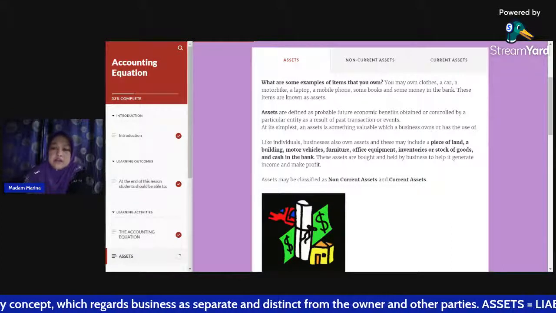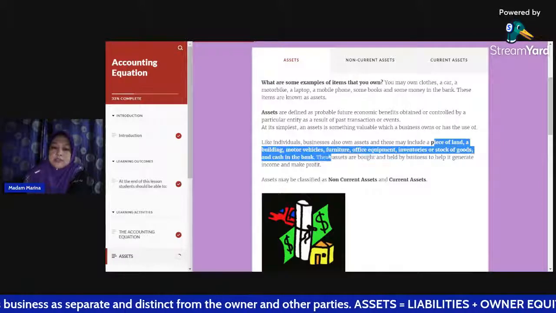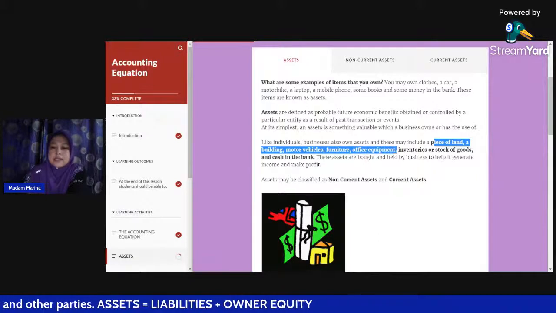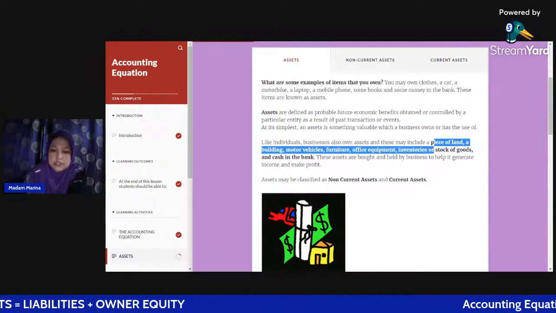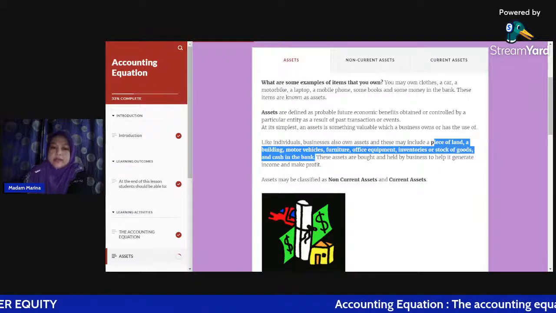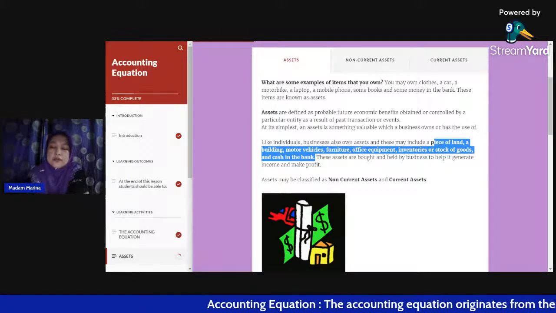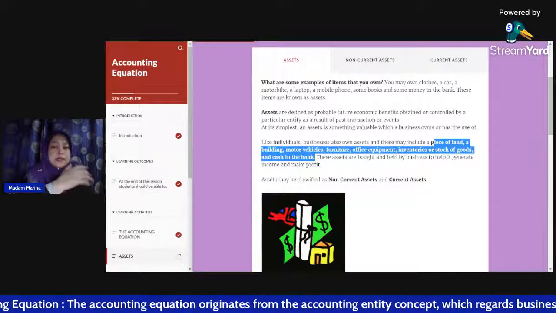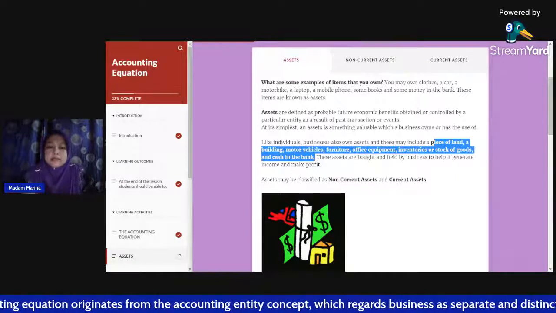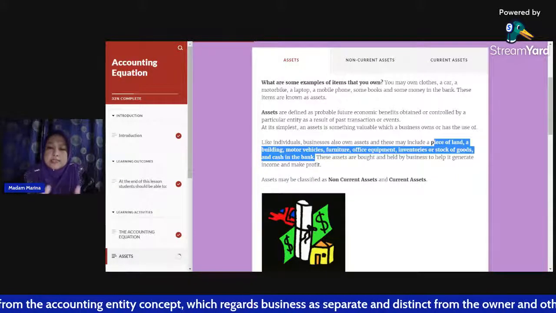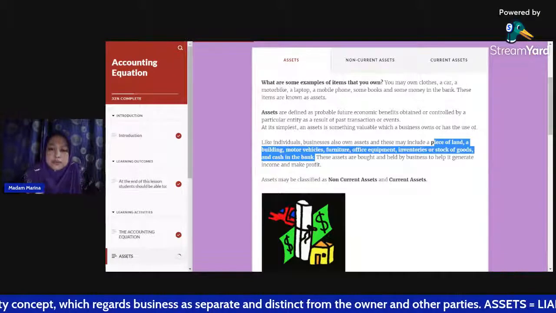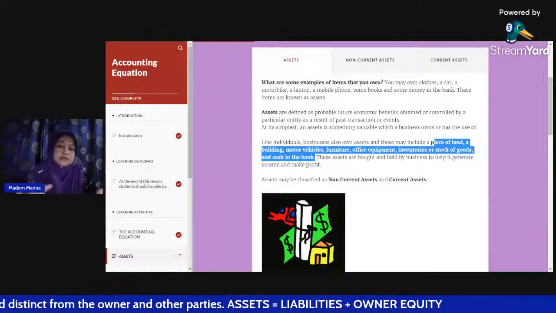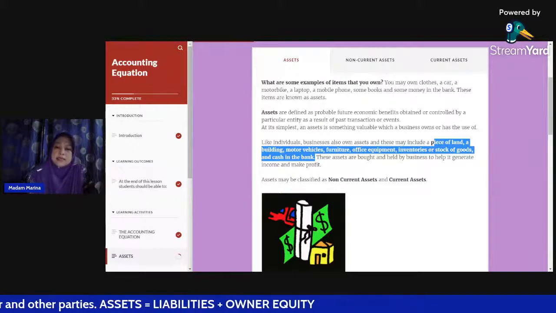A piece of land, a building, motor vehicles, furniture, office equipment, inventory or stock of goods, and cash in the bank. These are examples of assets of the business. These assets are bought and held by a business to help it generate income and make profit.